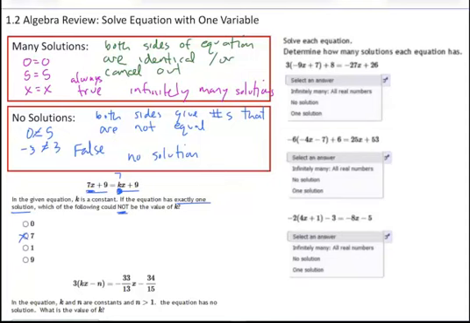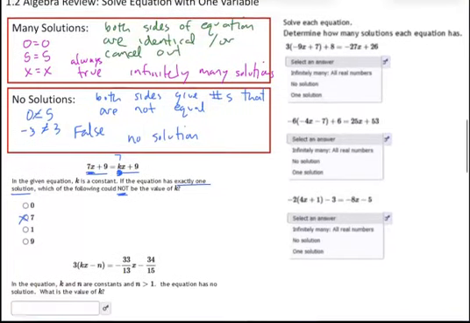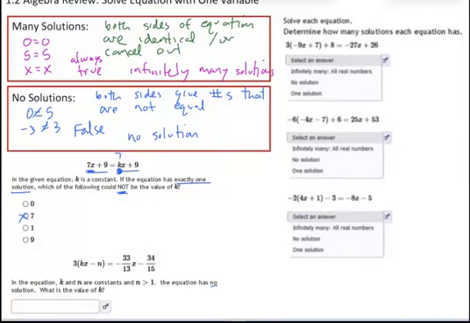In this next example down here, you're looking for no solutions. So again, with no solution, each side of the equation is going to be different values, but it does mean that the expressions for x have to be the same. So if we distribute the 3 through, we get 3kx minus 3n is equal to negative 33 over 13x minus 34 over 15.